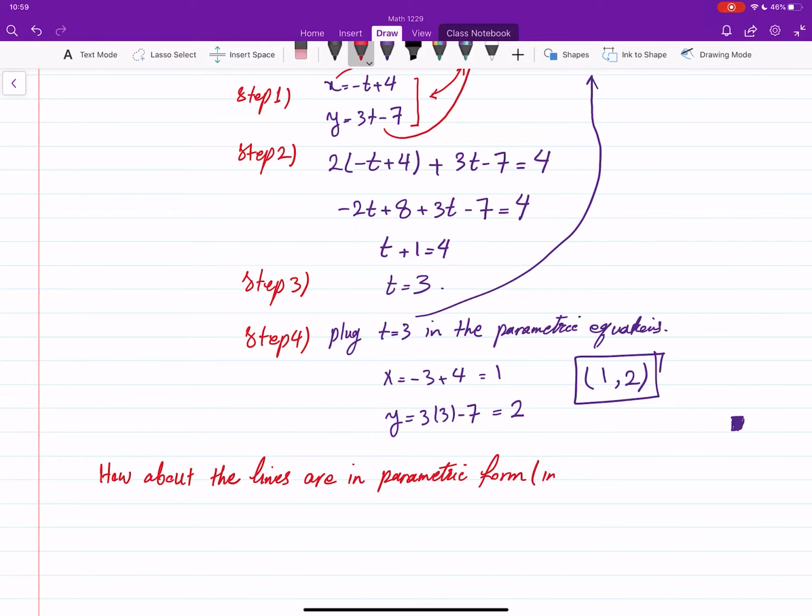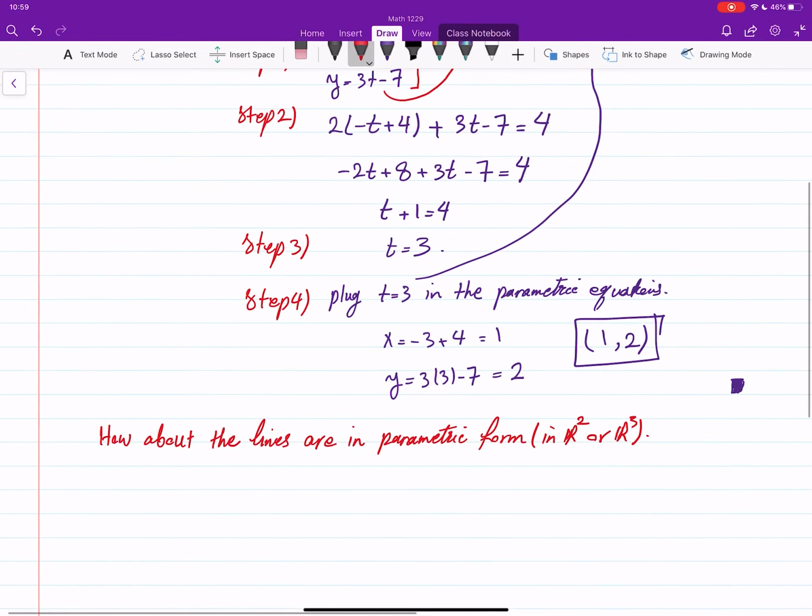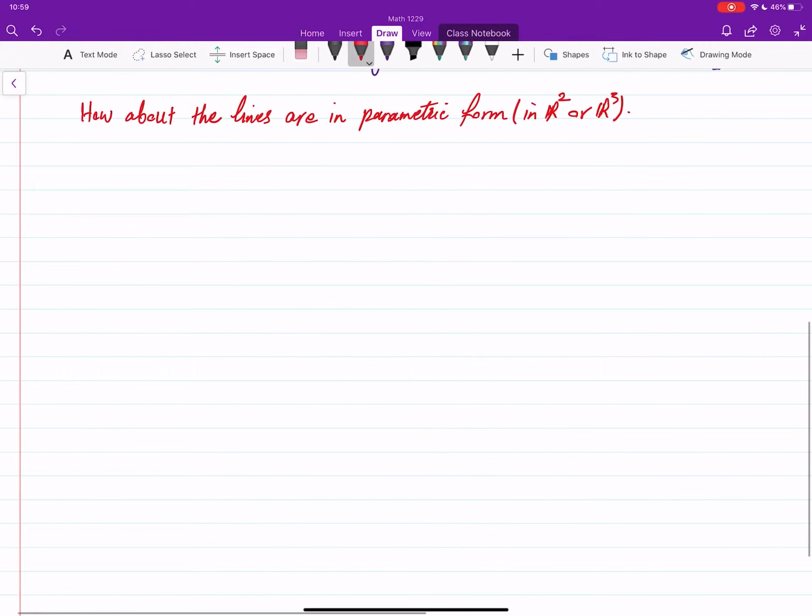This can be in both R2 or in R3. Okay, so this is a new case that we have to learn how to deal with. In this case, both of them are given in parametric equations.